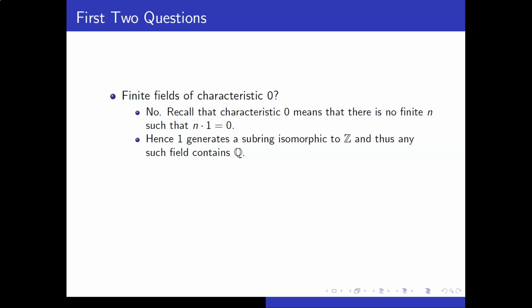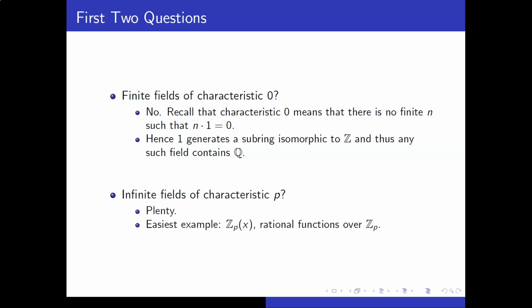And so it's going to generate inside my field a subring that's isomorphic to the integers. But any field that contains the integers has to contain its field of fractions, which is the rational numbers. In particular, that means if it's characteristic zero, it contains an infinite set, hence it is infinite.